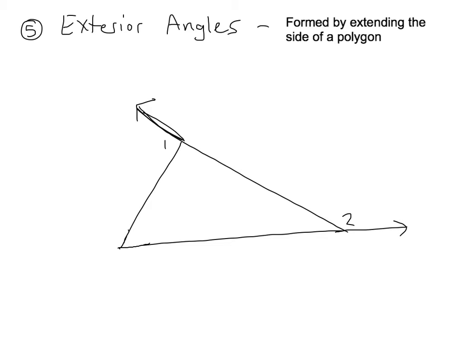Now the key thing though is an exterior angle, with its adjacent interior angle, they form a straight line, otherwise known as 180 degrees. So if I know that this right here is a 95 degree angle, and I want to know the measure of angle 1, that angle right there, well, I know that together they form 180 degrees.